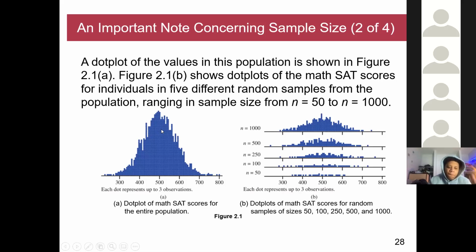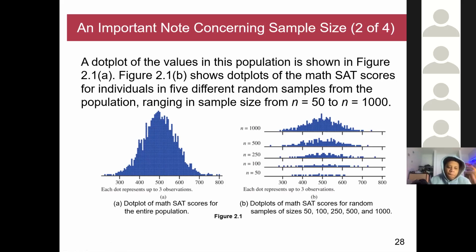So there are actually 5,000 dots in this dot plot. As you can see, most of them are around 500. The height here is the number of people. Most of the scores are somewhere between 400 and 600.